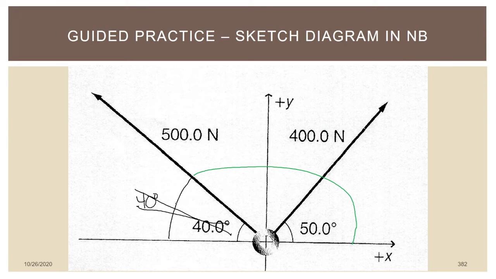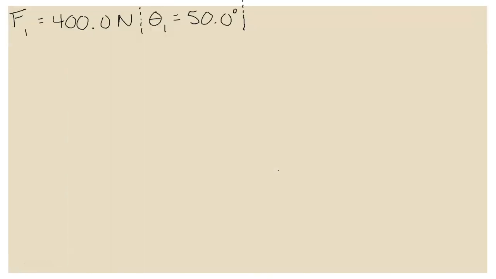Remember, there's 180 degrees between the negative x and the positive x-axis. And so if this one is 40, 40 plus blank equals 180, and of course the other angle is 140. So we'll have here F2 is 500.0 newtons, and theta 2 is 140 degrees.